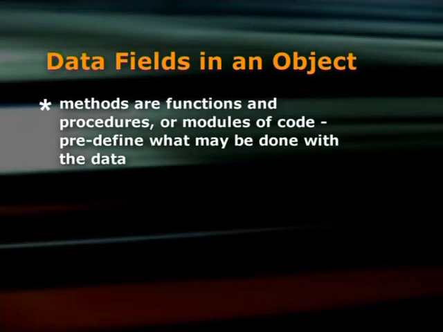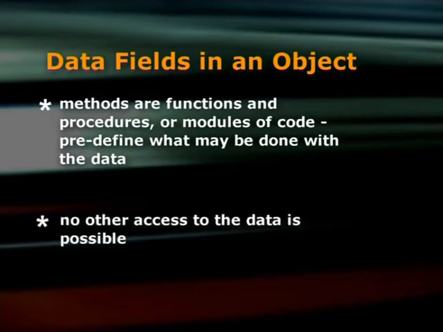The methods are functions and procedures or modules of code which predefine what may be done with the data in the fields. No other access to the data is possible. So an object consists of fields and methods of dealing with those fields.